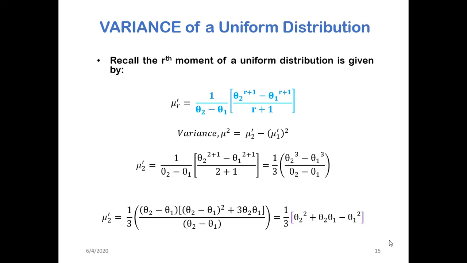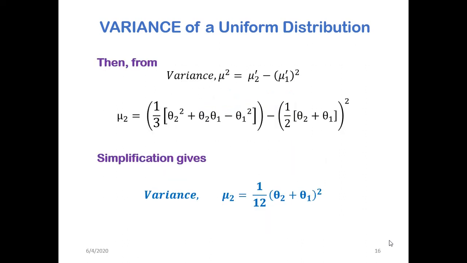To get the formula for the variance, we have to take the difference between the second moment and the first moment squared. Subtracting the first moment squared from the second moment, we have our variance. Now, mu2, sorry, this should be variance, not mu2; mu is the mean.